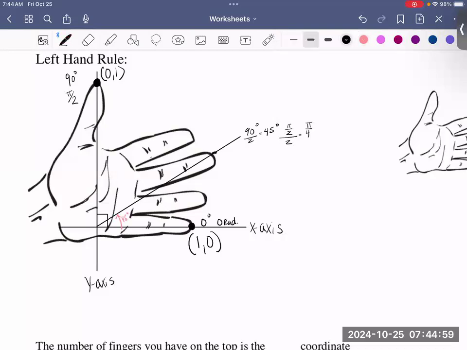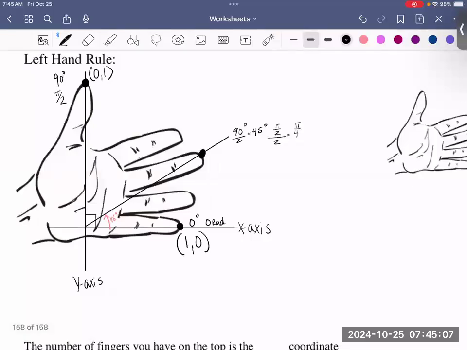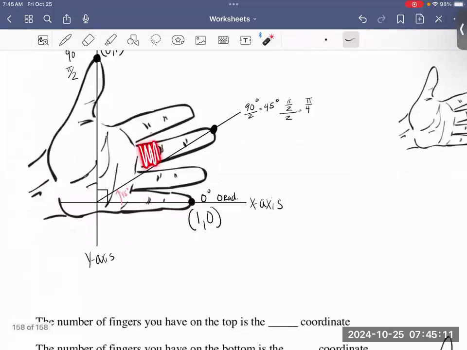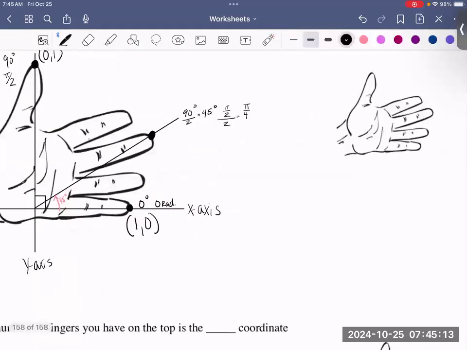Now again, it also has a coordinate, and that's where this left-hand rule comes into place. Let's take this coordinate here. If I put down my middle finger, so everybody put down their middle finger, we now have 2 fingers remaining up above.